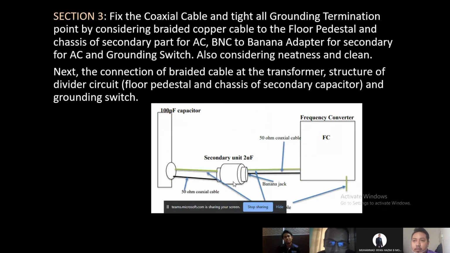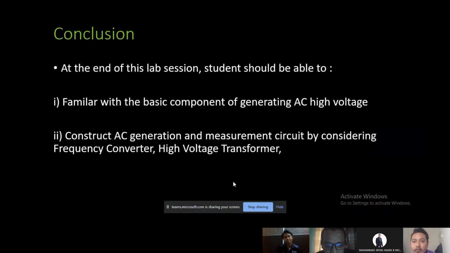Also considering neatness and cleanliness. Next is the connection of braided cable at the transformer, structure of the divider circuit for the floor pedestal and chassis of the secondary capacitor and grounding switch. Below is the circuit diagram.